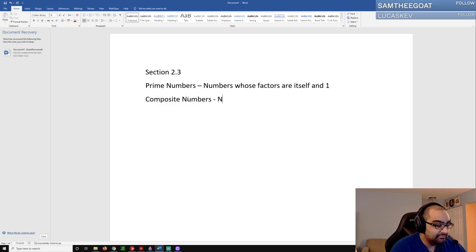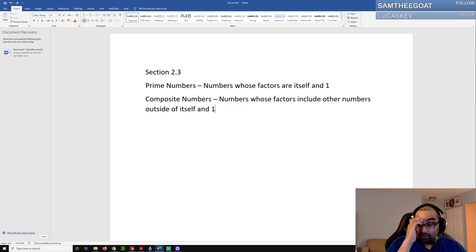are numbers whose factors include other numbers outside of itself and 1. So we looked at 3. 3 is a prime number.